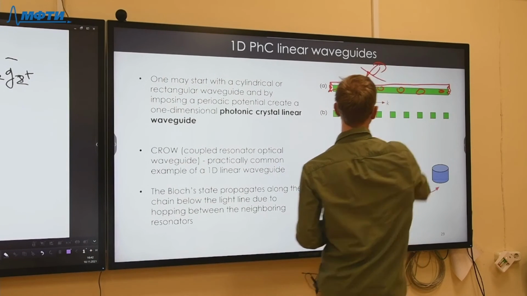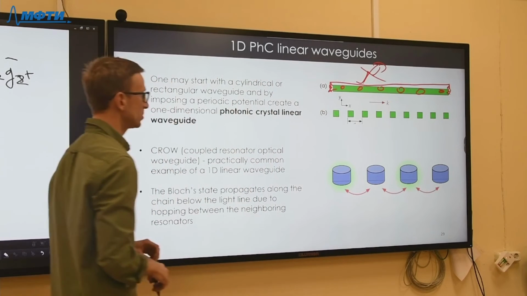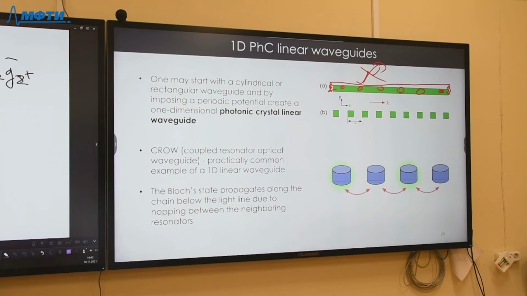Okay, and we can find a spectrum of waveguide modes that propagates along such a crystal, such a 1D linear crystal. One very common practical implementation of such 1D photonic crystal waveguides is the so-called coupled resonator optical waveguide, abbreviated as CROW.